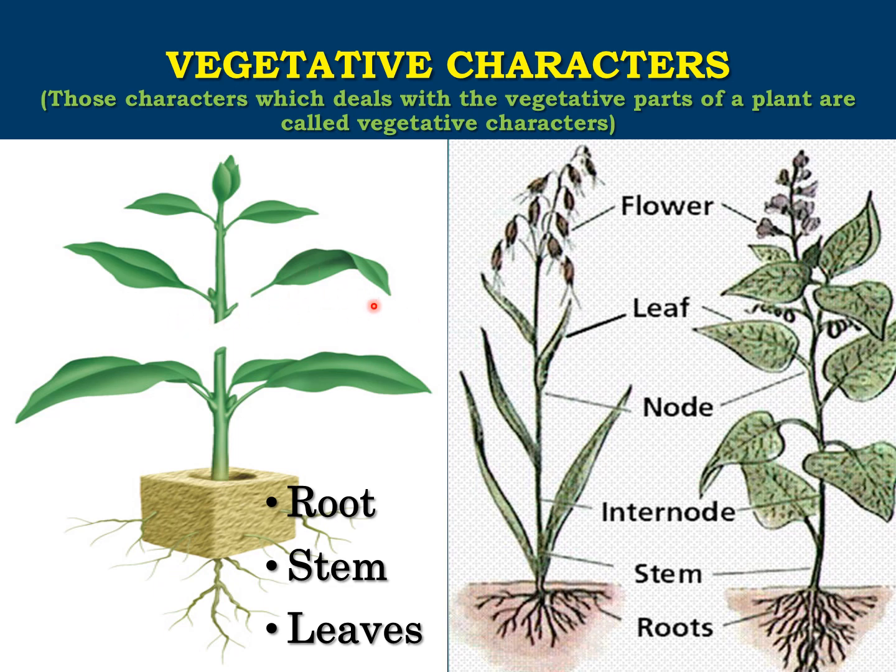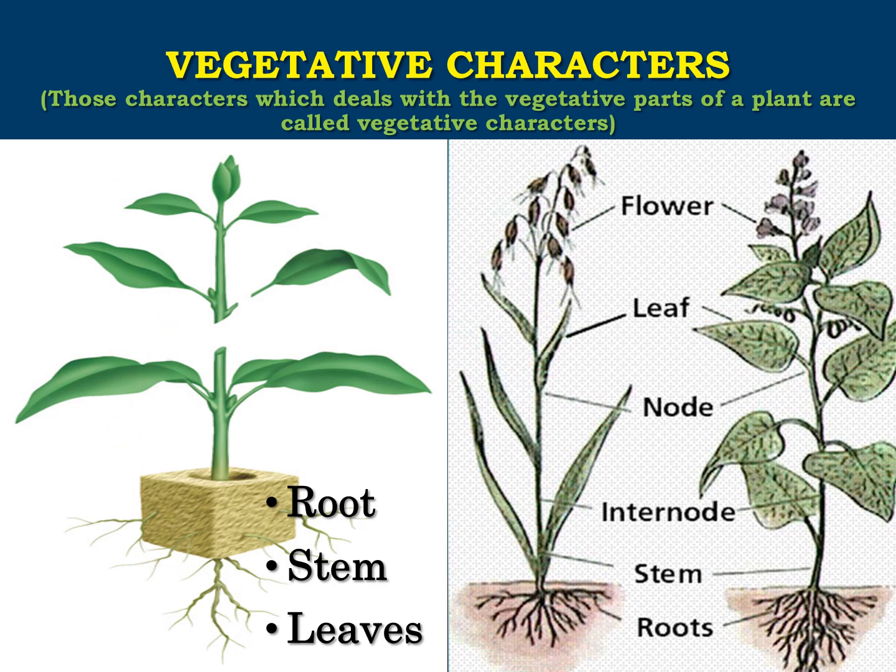The part which takes part in the process of reproduction is flower. So flower is the reproductive part of the plant, while the root, stem and leaves are not the reproductive part of the plant. These are the vegetative parts of the plant.